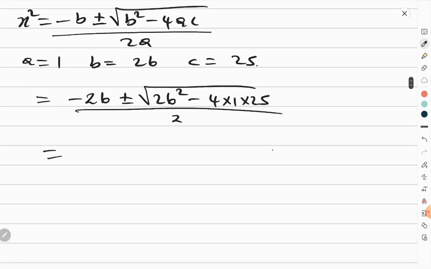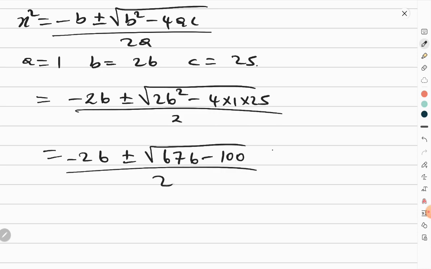Let's press the calculator. 26 squared is 676. Then 4 times 25 is 100. So we have minus 100, all divided by 2.